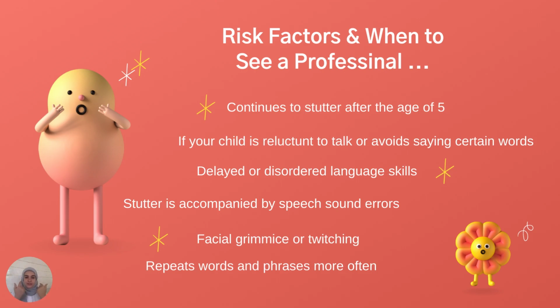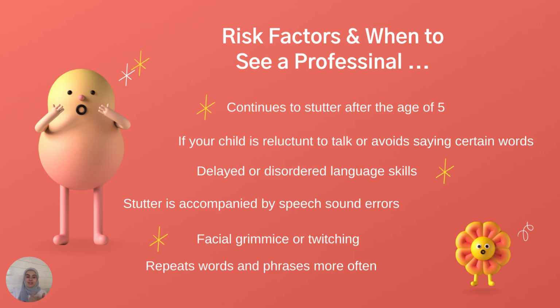If your child's facial expressions change while he's stuttering, this is called a facial grimace or twitching. So they will twitch parts of their eyes, nose, lips, mouth, something will twitch while he's stuttering, then that is a big red flag. And when that happens, you need to see someone.